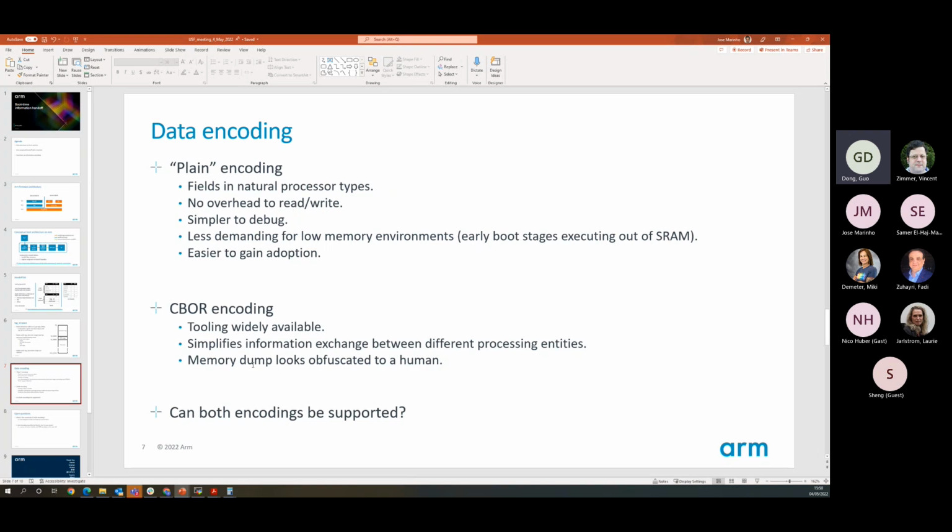Yeah, looks like the first one can be a payload of the CBOR. Otherwise, we all agree for that. Yeah, kind of. Yeah.